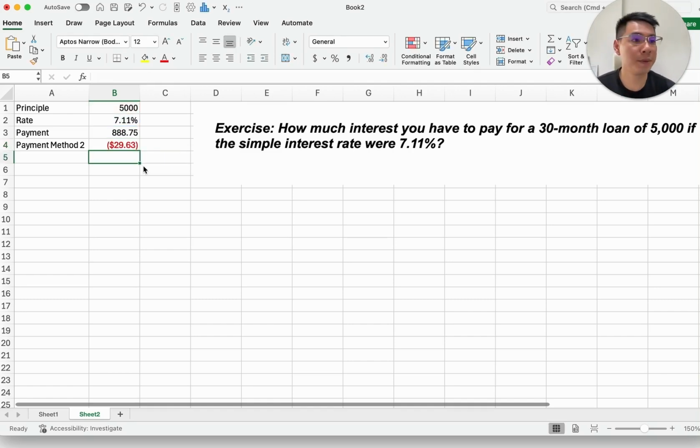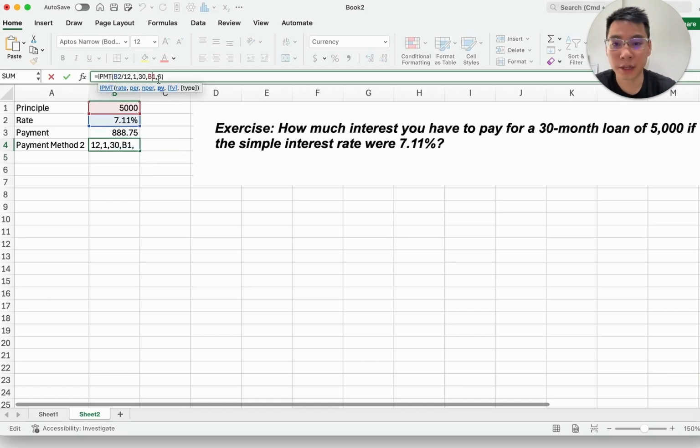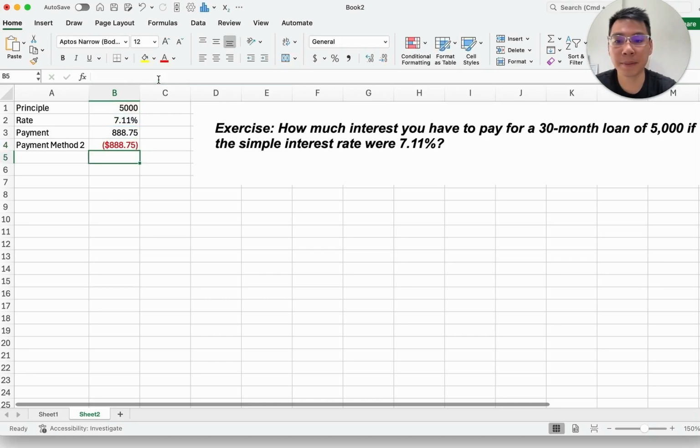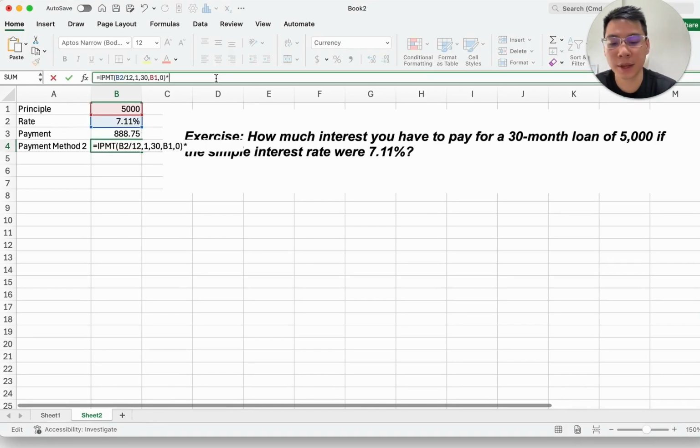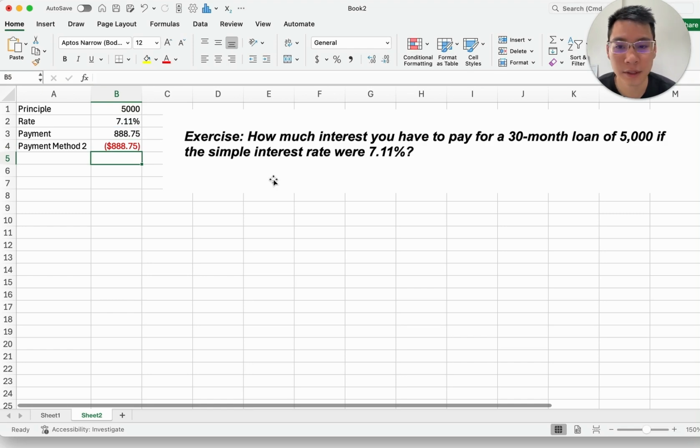Hold on, there's something wrong here. Let me double check. We have to times by 30 periods. Yep. We have to times 30 because we are looking for the total interest payment at 7% for a 30-month loan, not only the 12 periods. So that's going to give us the same amount.